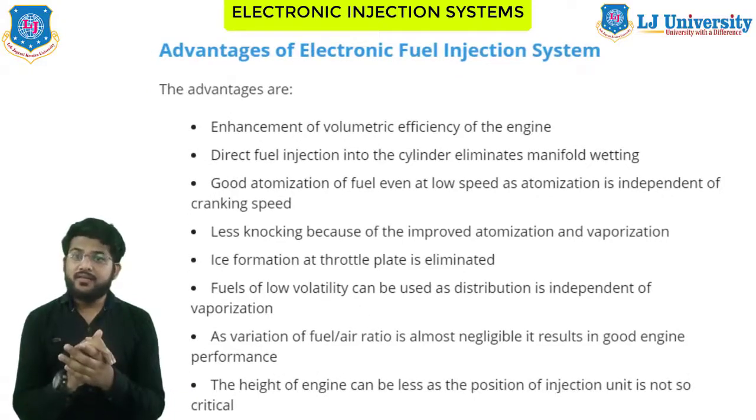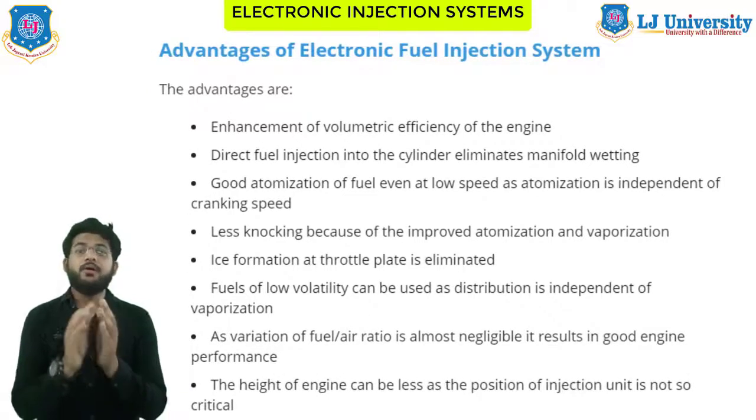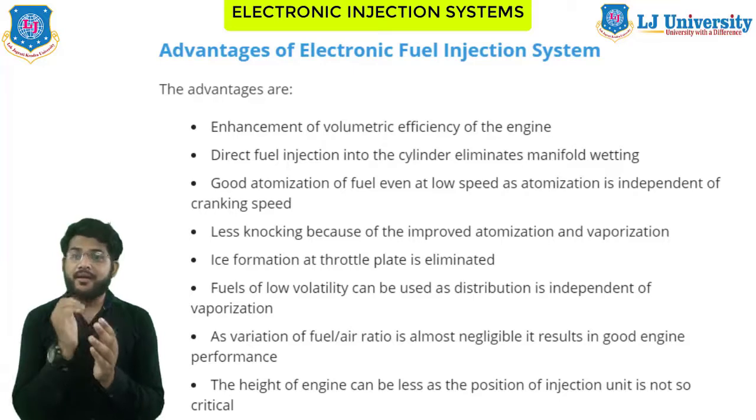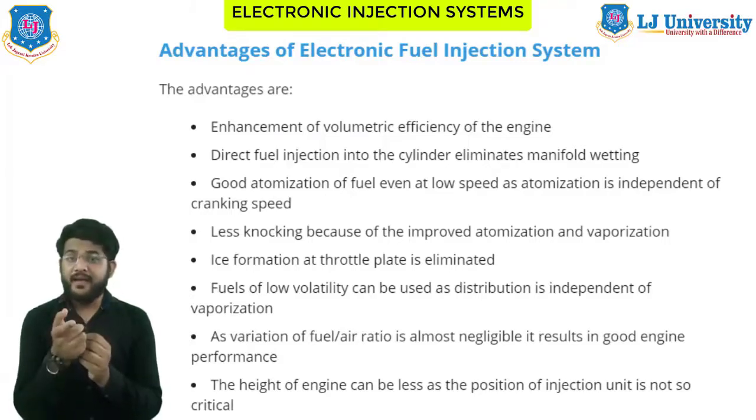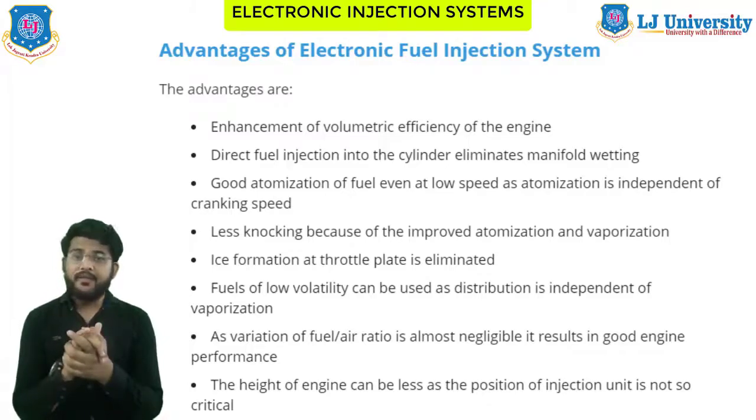Next are the advantages of the electronic fuel injection system. So the advantages are like this. In a fuel injection system, it enhances the volumetric efficiency of the engine because it is metering the fuel perfectly. Thereafter, direct fuel injection into the cylinder eliminates manifold wetting, so extra fuel will not be trapped there.